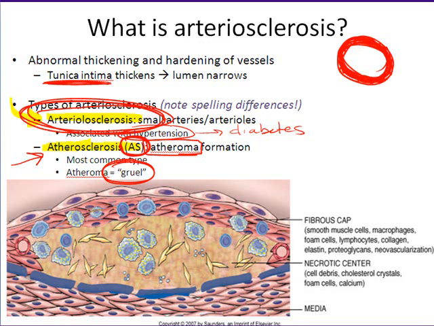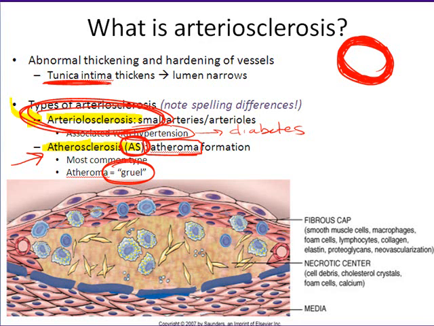You don't get the formation of plaques, you just get severe thickening of the blood vessel wall to the point where the wall thickens so much the lumen size is much reduced. Again, we see this with different types of things like malignant hypertension, with diabetics who have hypertension, etc. I think that's enough for now on atherosclerosis.